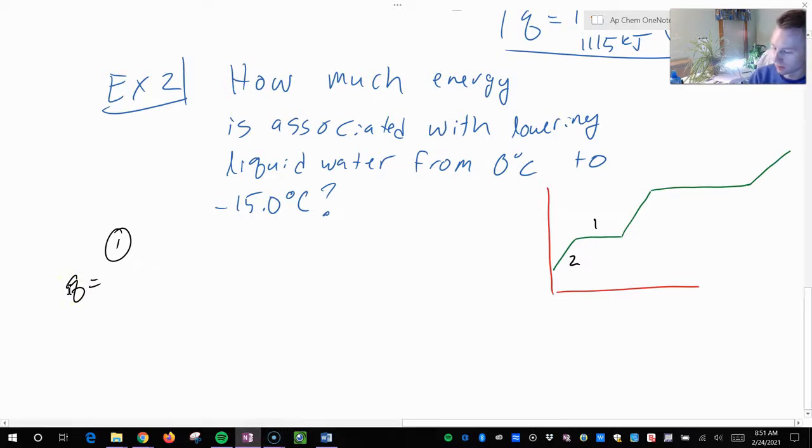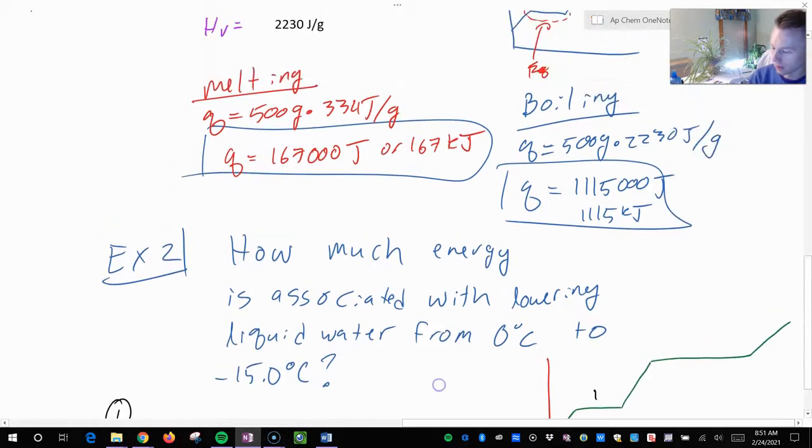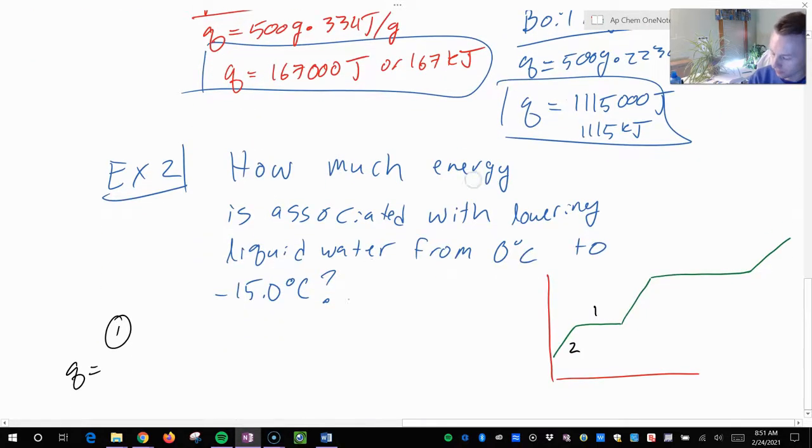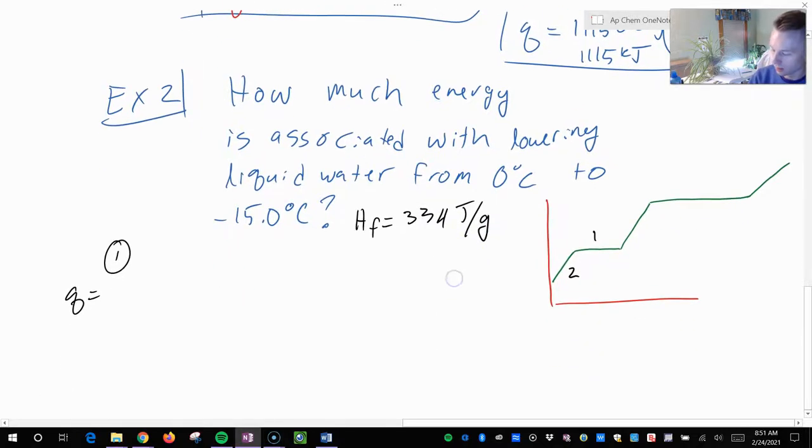HF equals 334 joules per gram, and the specific heat capacity of solid water is, I think, I'm just going off the top of my head, but this is the one that we'll use.